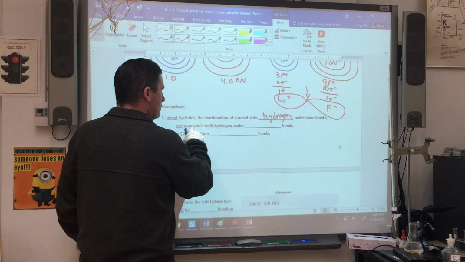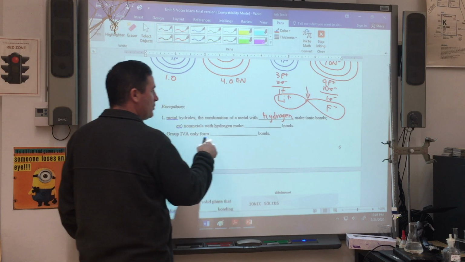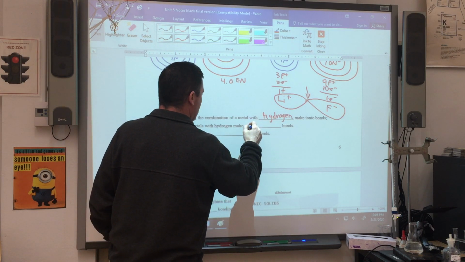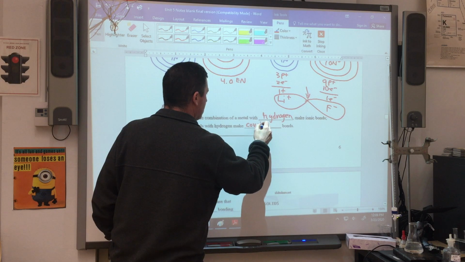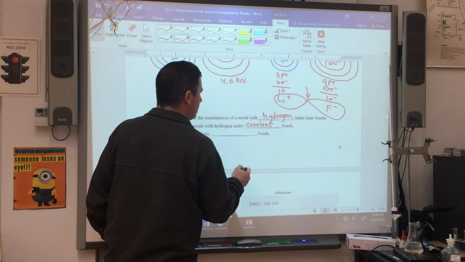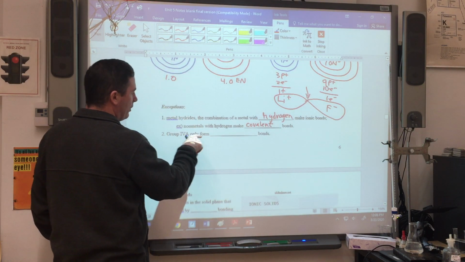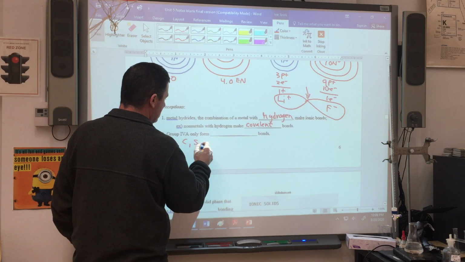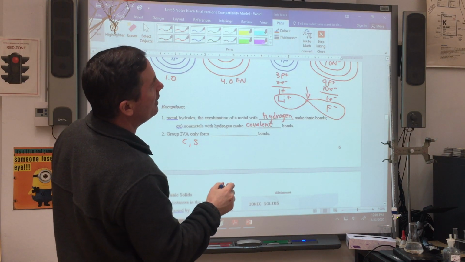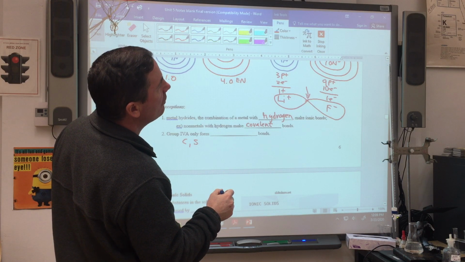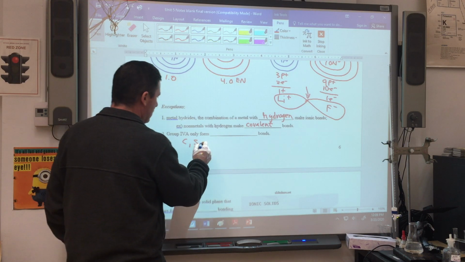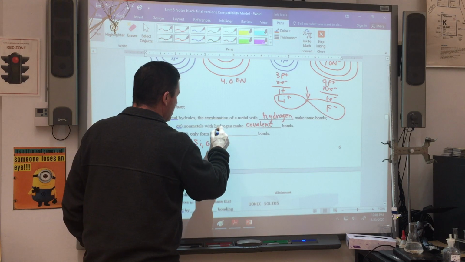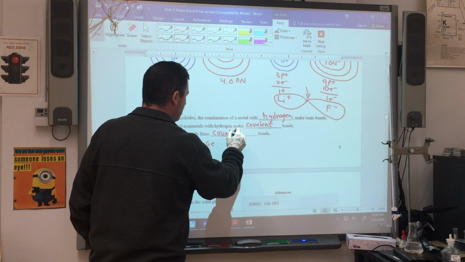And nonmetals with hydrogen make covalent bonds. Group 4A, which is carbon, silicon, what else do we have there? Germanium. These only make covalent bonds.